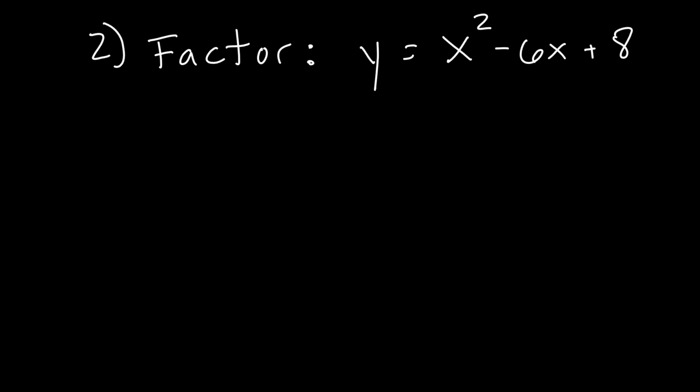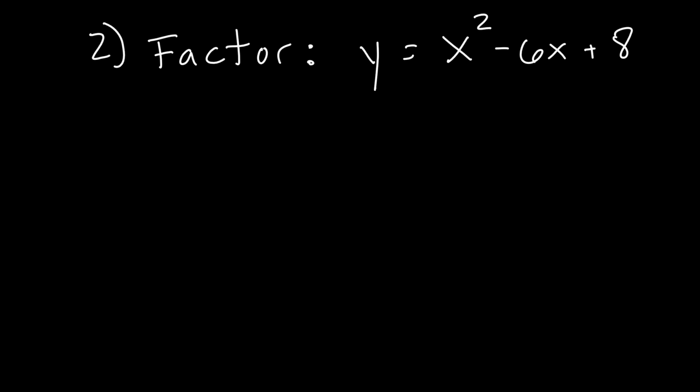Is there a GCF here? No. Is there a number that goes into all three of these numbers, besides 1, that goes into 1, 6, and 8? There's no GCF. So now we can move right to factoring.